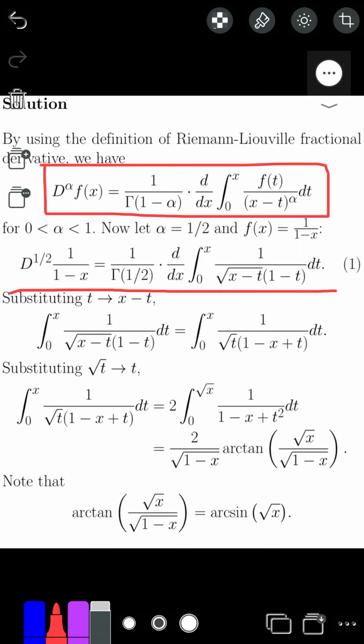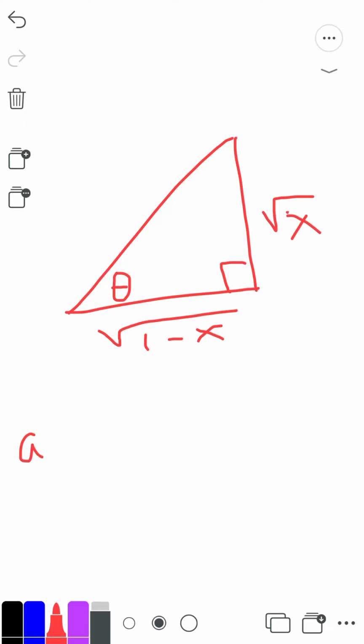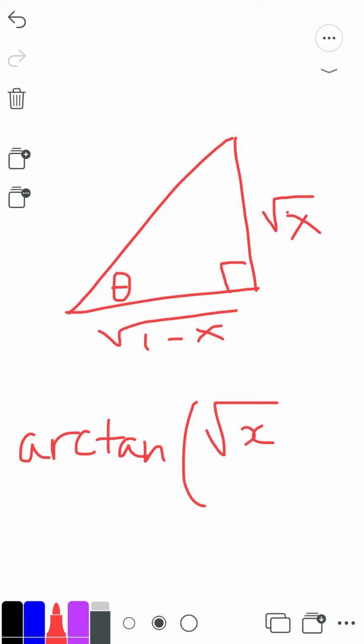The angle theta, this side is square root of x, and this side is square root of 1 minus x. And the arctangent, the inverse tangent, of square root of x over square root of 1 minus x is going to be equal to this theta right here.